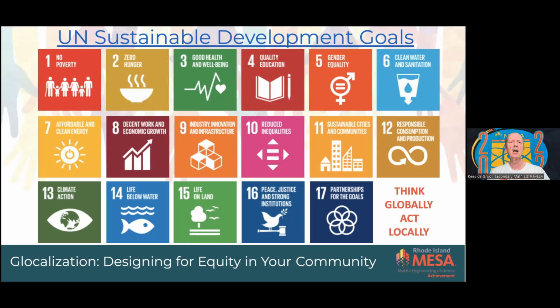So poverty, hunger, health, and quality education. If you go to the website and you click on one of these pictures, it will turn around and give you a pithy goal statement, but then there's an opportunity to read more about it, where you can get a lot more detail behind each of these goals from a global perspective.